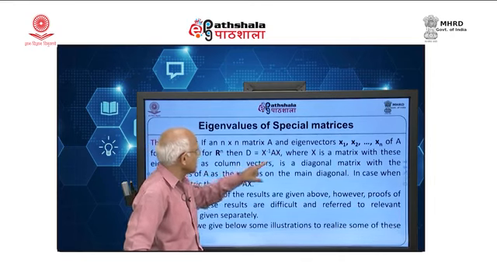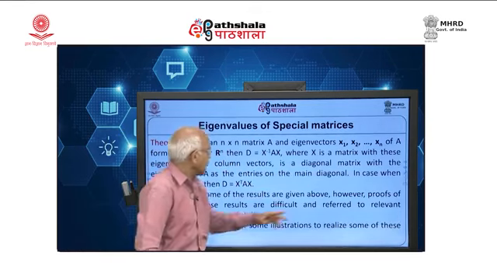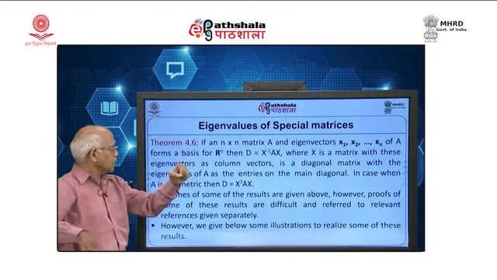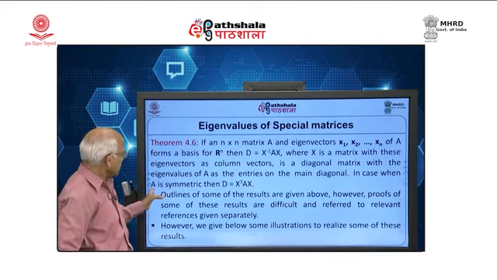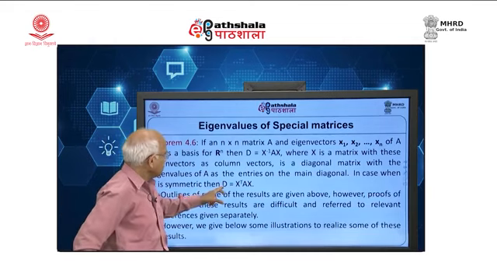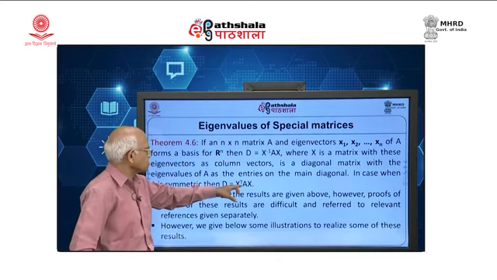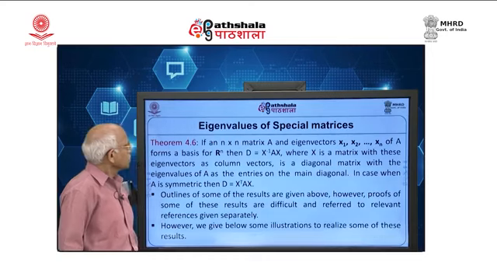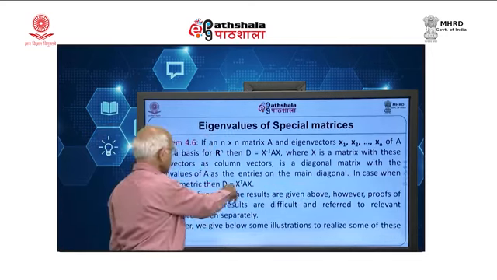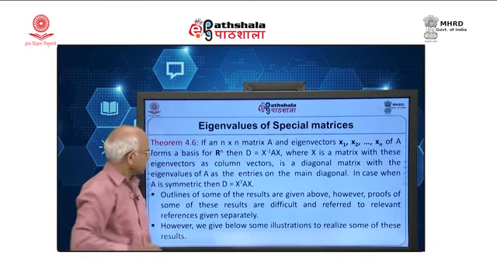X inverse A X, if I take that, will result in a diagonal matrix with all the eigenvalues as diagonal entries. And in the case when A is symmetric, D will be equal to X transpose A X, because X inverse will be the same as X transpose here.